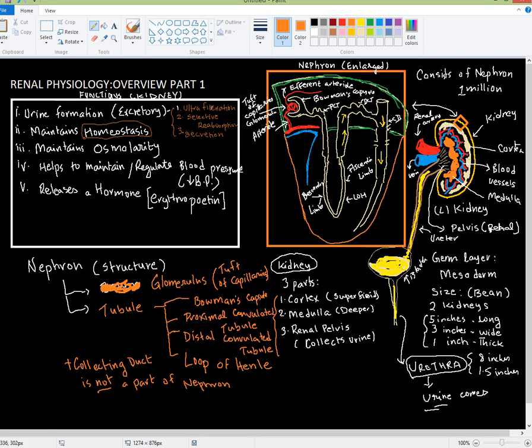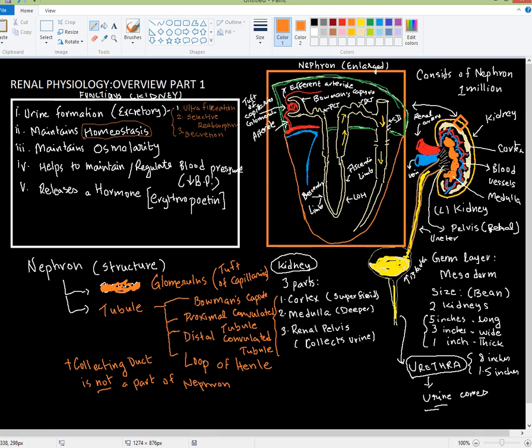Especially, it maintains the water balance and pH balance. If there's a lot of extra water in the blood, it comes out through the urine. If there is less water in the blood, then the nephron reabsorbs more water, and the urine is concentrated.